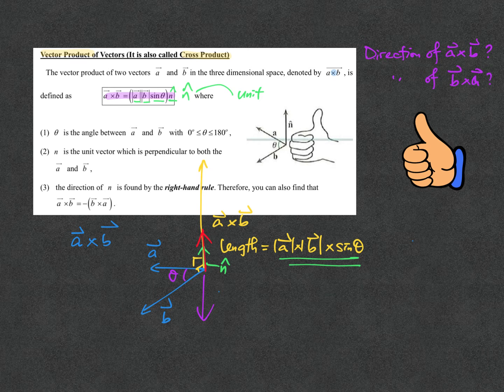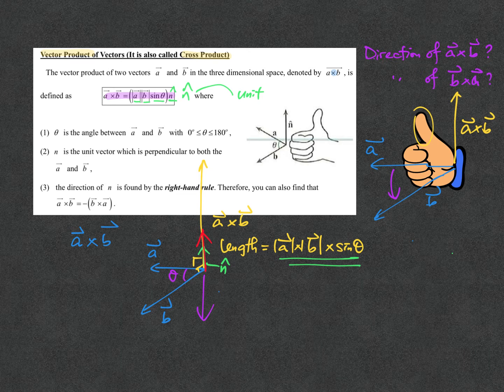Now prepare your right hand, thumb up, and see how we can do it. First of all, we try to see A cross B vector if A vector would be in this direction. In this case, you will see that A vector moves anti-clockwise to B vector. So by definition, if you look at your thumb, the direction of A cross B vector would be pointing up.